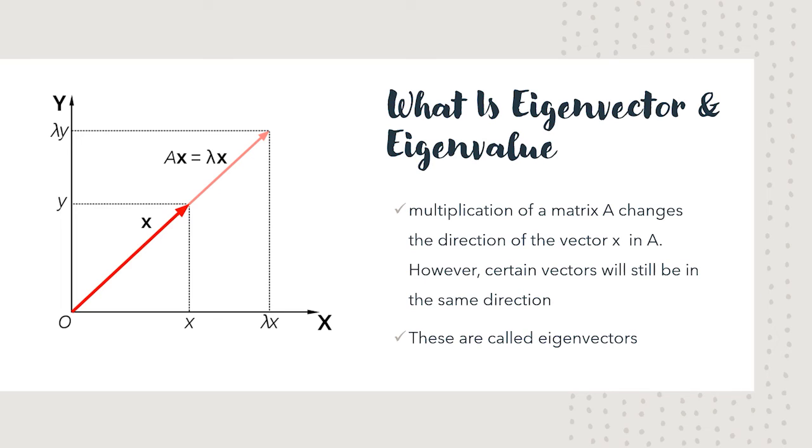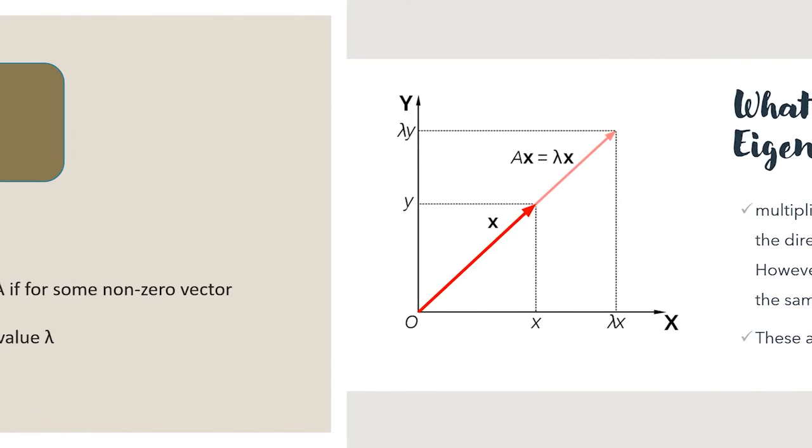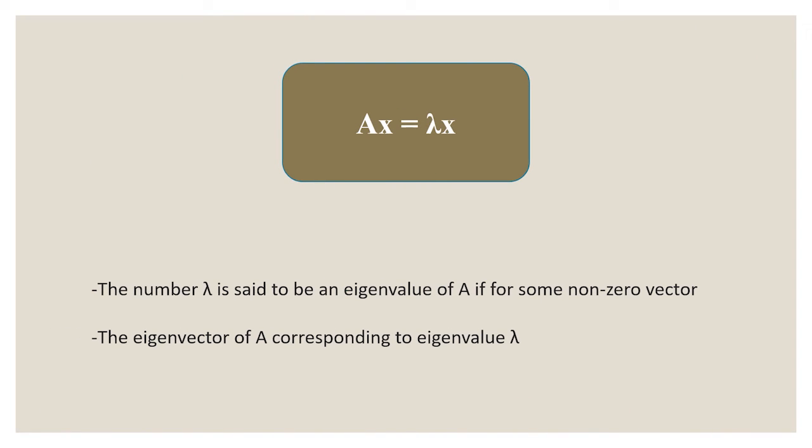Multiplying an eigenvector by A results in the vector x multiplied by a constant, which is lambda. The number lambda is said to be an eigenvalue of A if, for some non-zero vector x, x is an eigenvector of A corresponding to eigenvalue lambda.